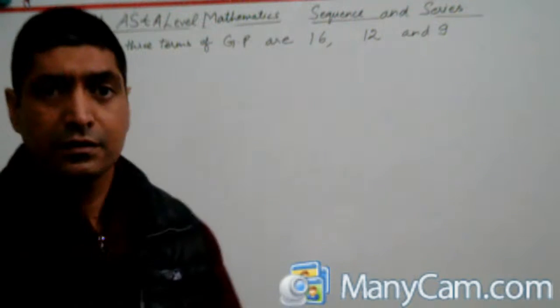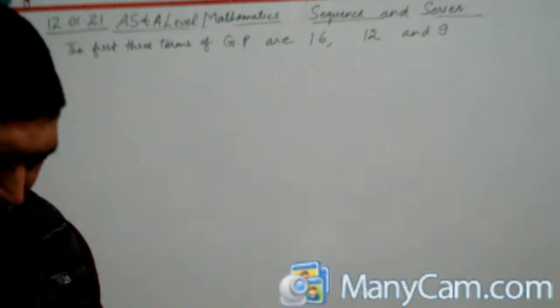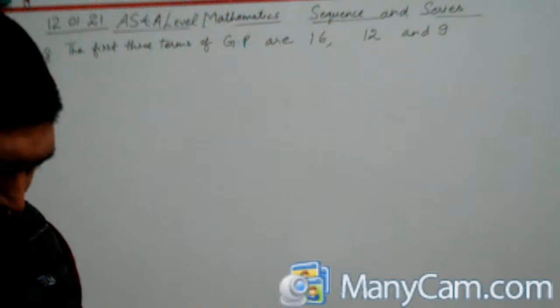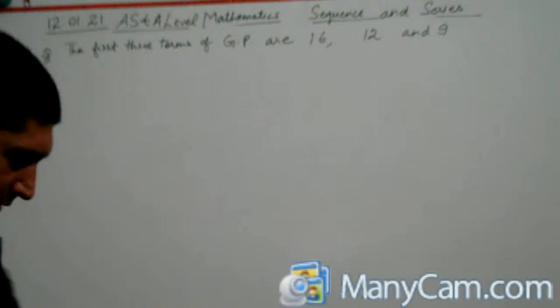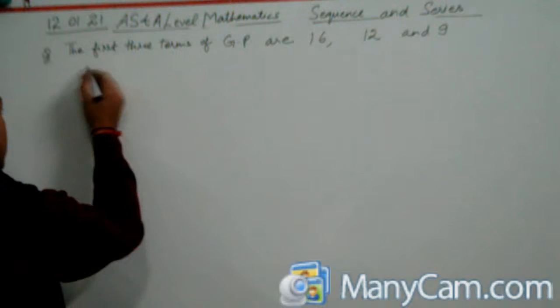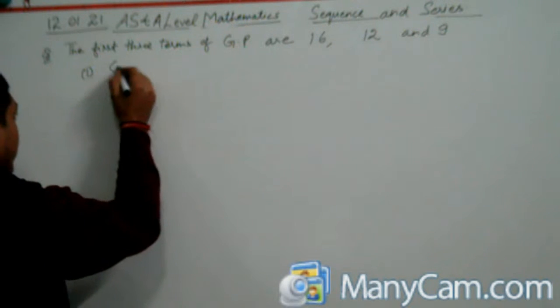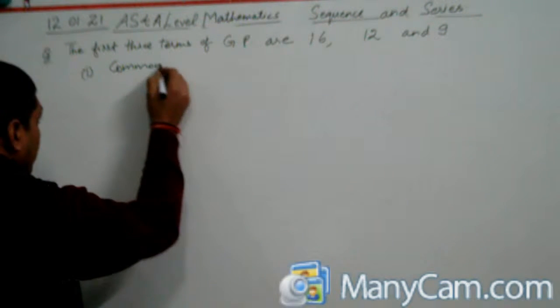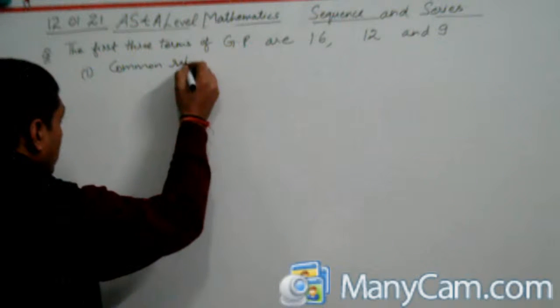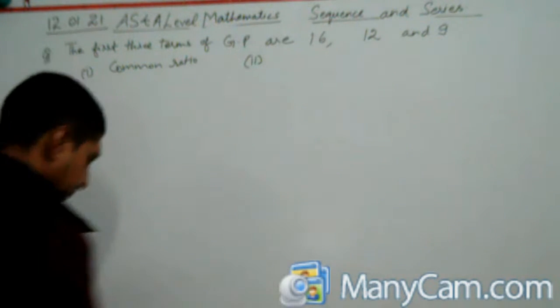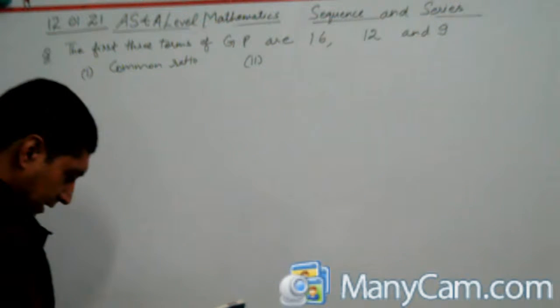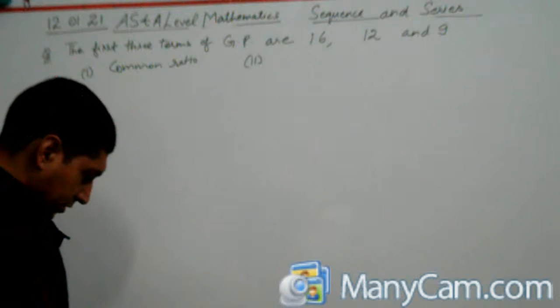Write down the common ratio and find the sum of the terms of the progression. So first we have to find the common ratio, right? And second, we have to find the sum of the terms of the progression.